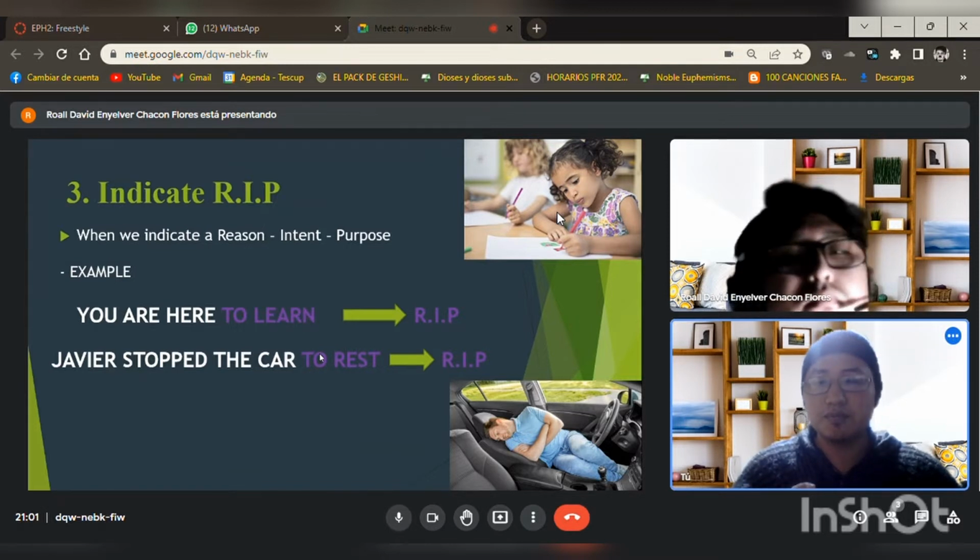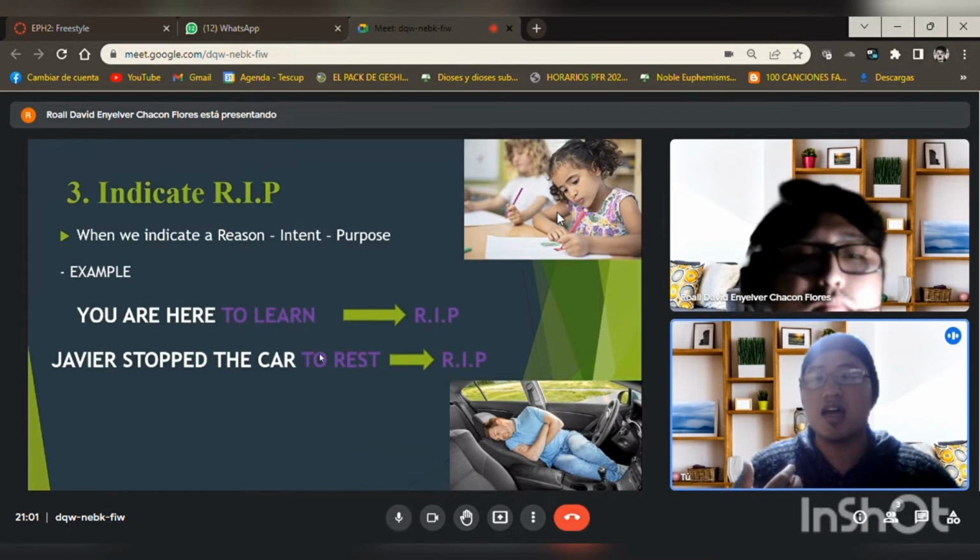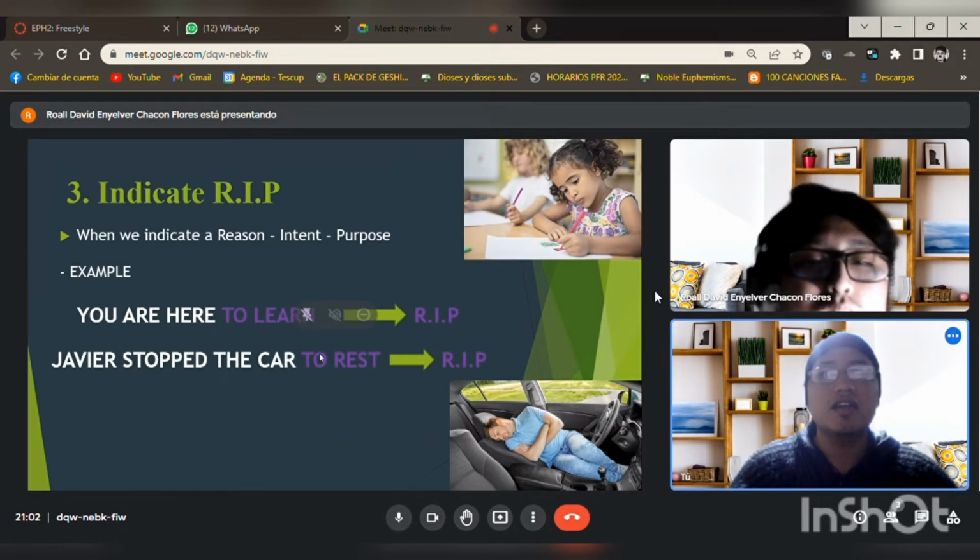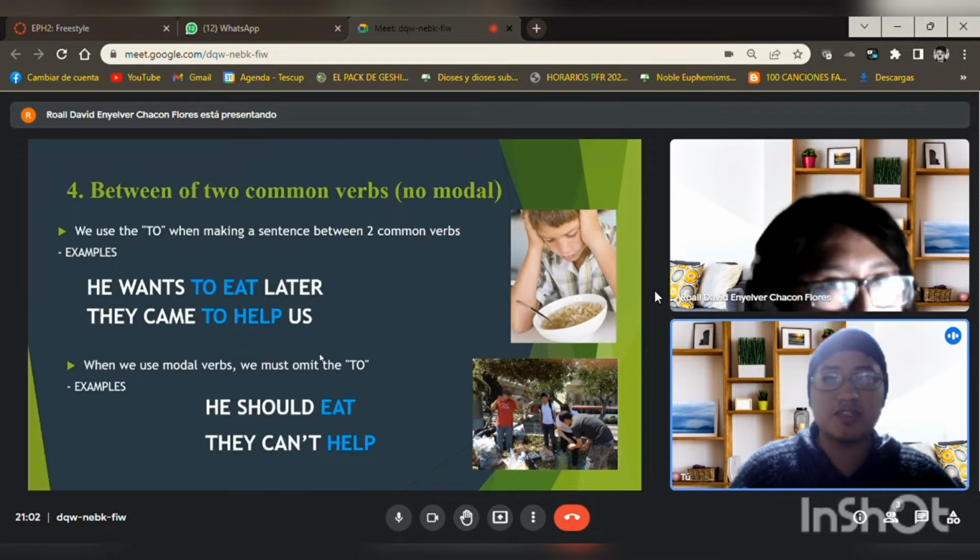To learn, in this case, is the reason and the intent or purpose. And another sentence: 'Javier stopped the car to rest.' To rest in this case shows a reason, an intention or a purpose. Next, please.